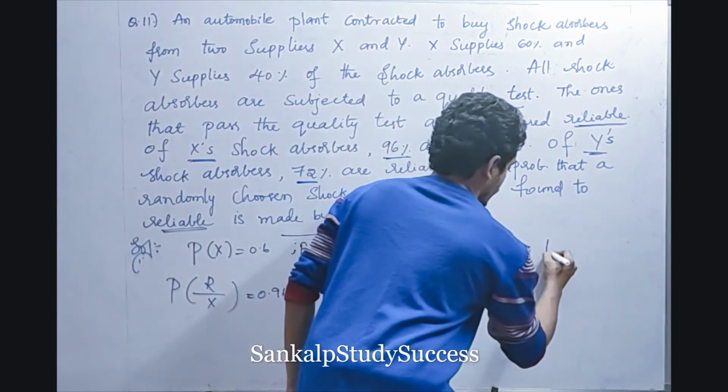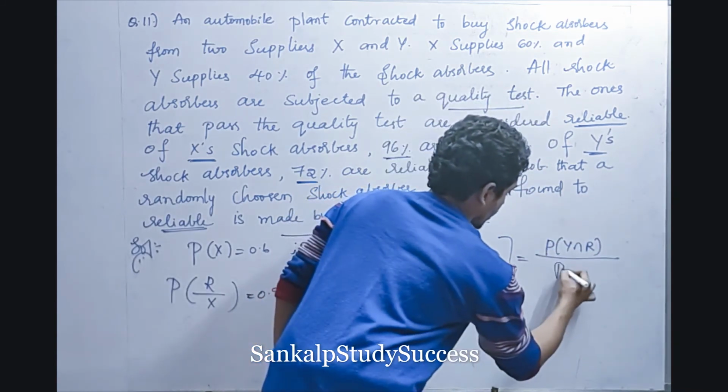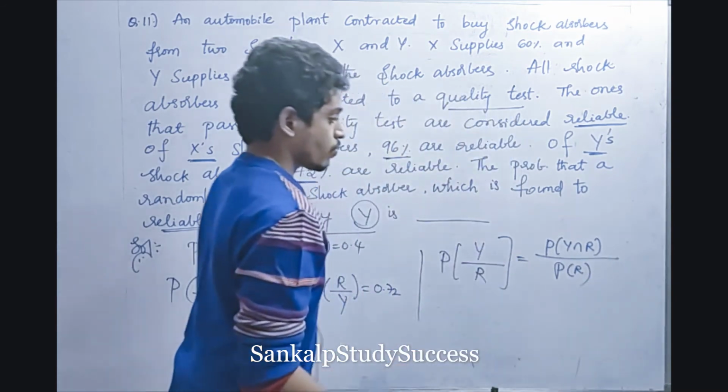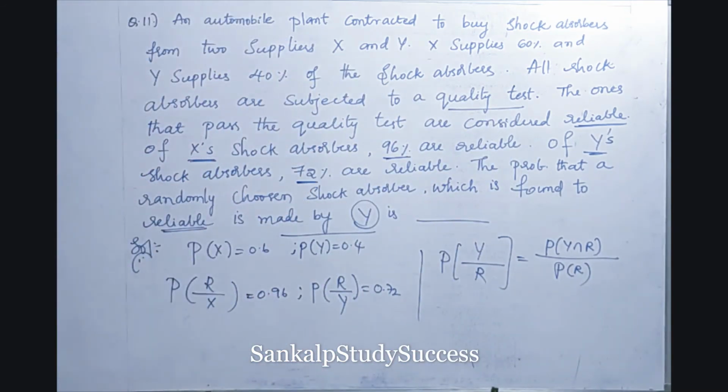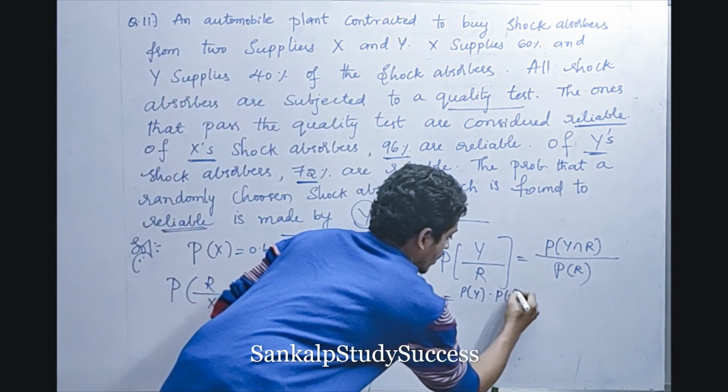P of Y intersection R divided by P of R. So what is P of Y intersection R? P of Y into P of R by Y.